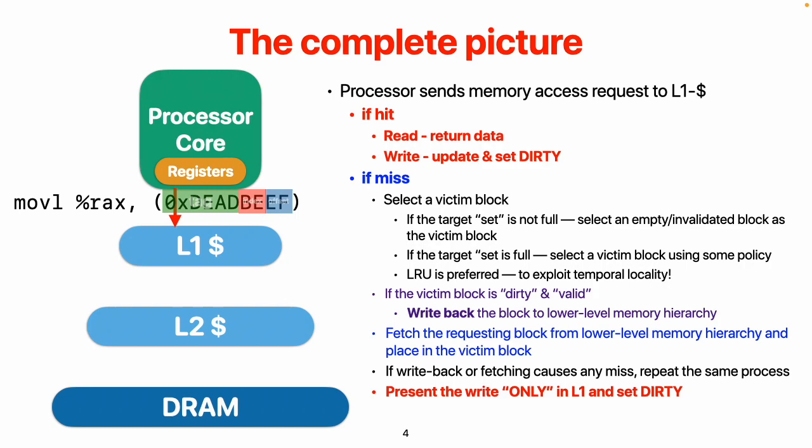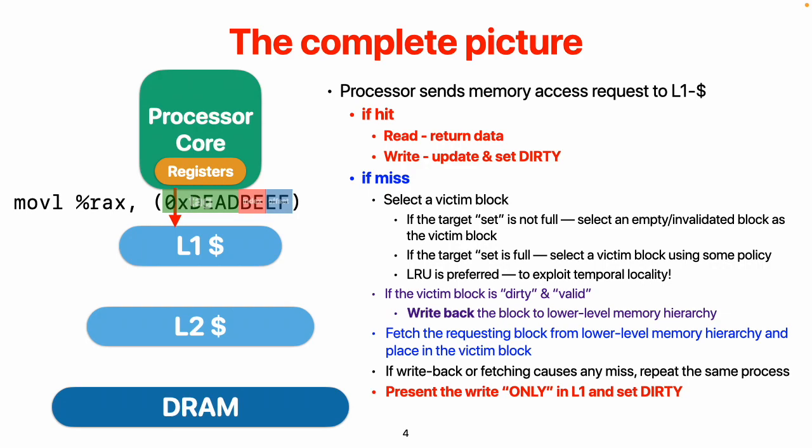We use the offset to figure out which byte, or starting from which byte, of data within a block your data might be located. And we use the index to figure out which set of blocks will contain the data you want, if it's in the cache. And then we use the tag to finally figure out if it's what you are looking for.